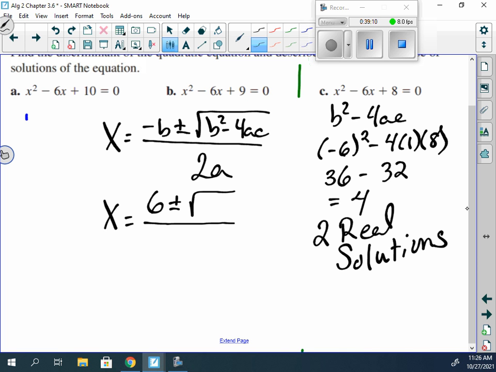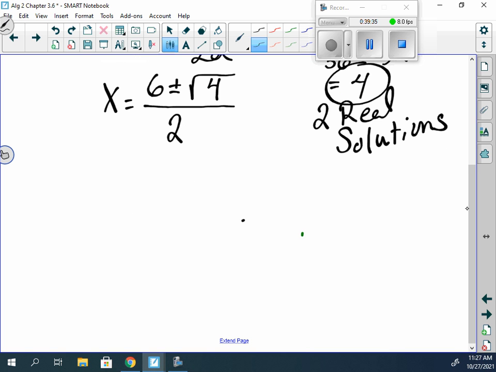Well, do we know what it is already? Four. I just wrote it out. Yeah, I'm doing C. I just wrote it underneath B. Because we already found it, yes? Over 2 times A. Well, what is A? 1. So 2 times 1 is 2.